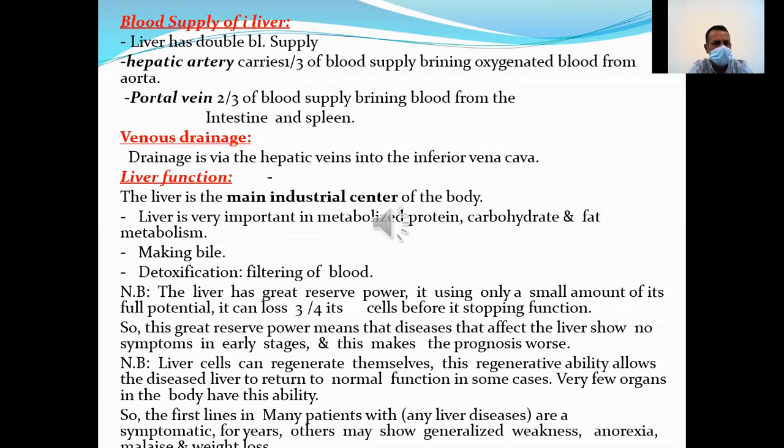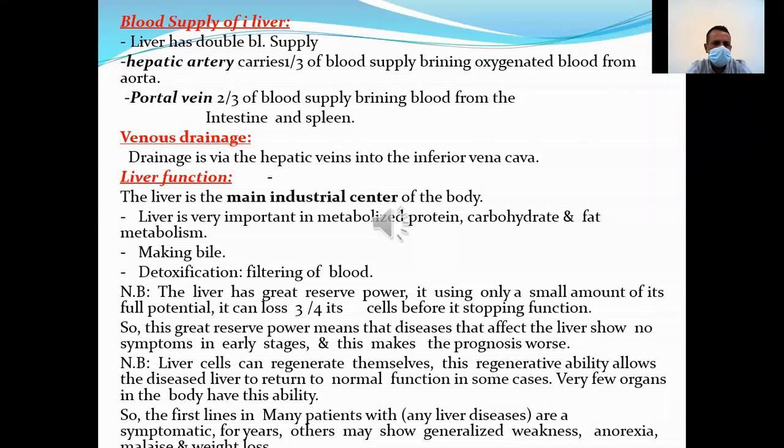The nutrients and digestive material, all absorbed, pass through the portal vein. Venous drainage is via the hepatic vein into the inferior vena cava.